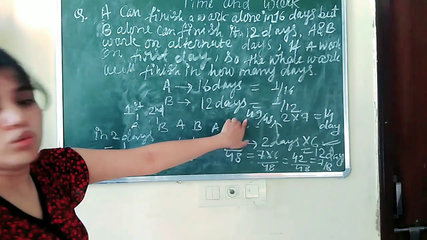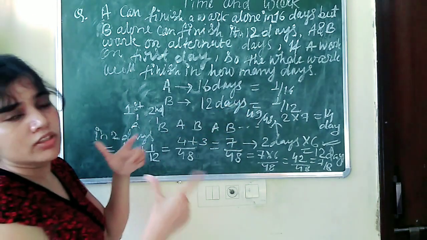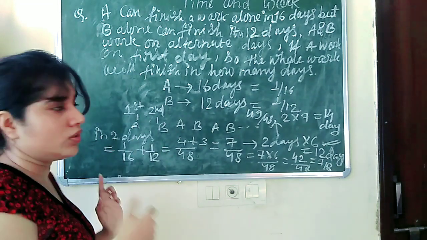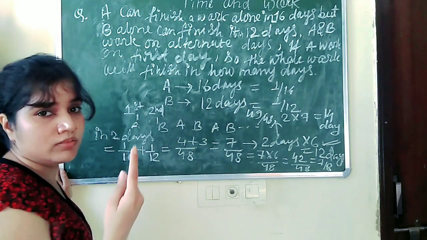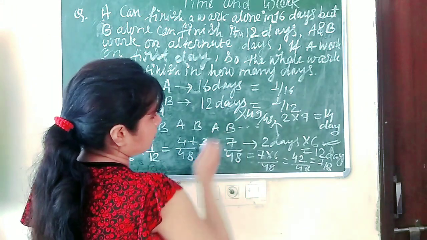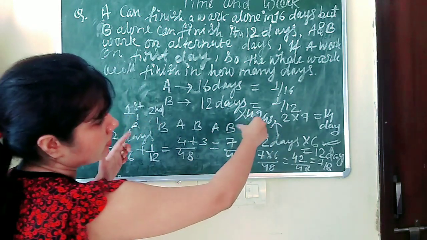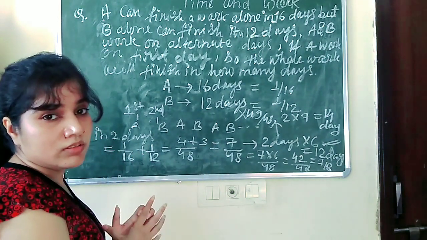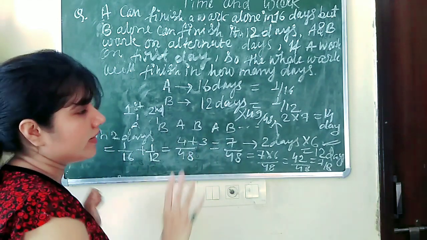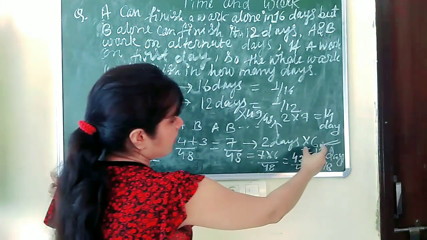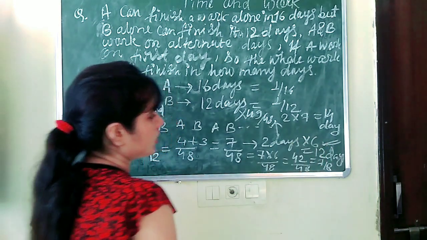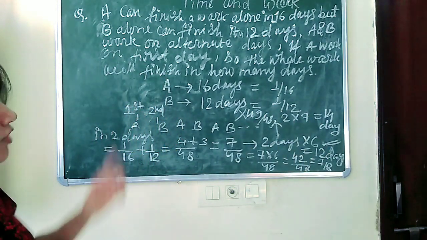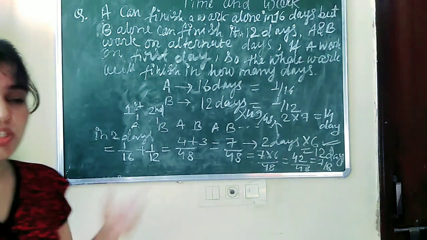That will be more than 1, and the total work can never be more than 1. It will be less than 1, or we can consider it 1. So this will be wrong, because this quantity is more than 1 and we have to maintain it at 1. That's why we are just multiplying by 6 here. So the total number of days required to finish the work is 12 days. So just take a screenshot.